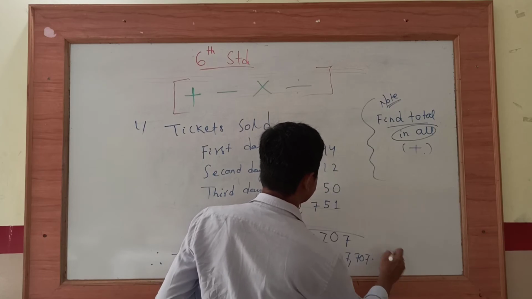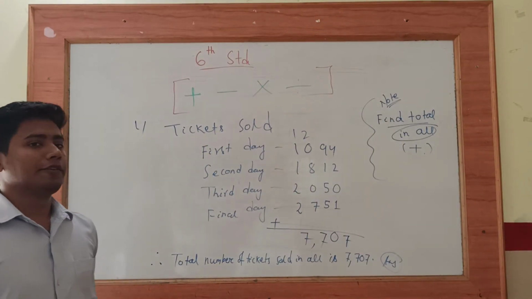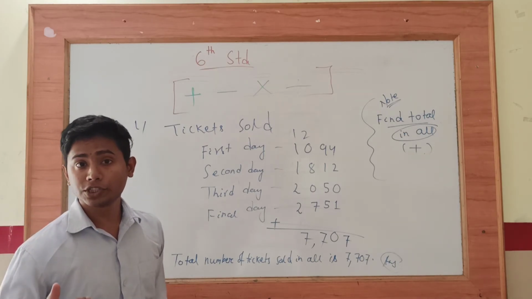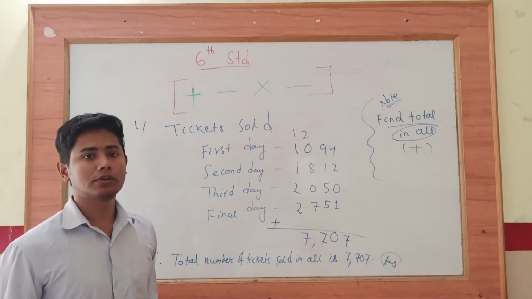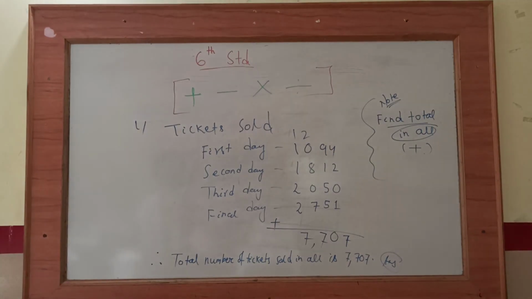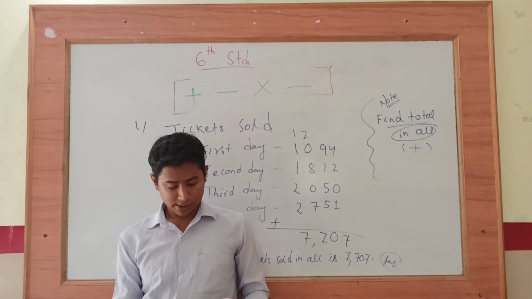That is the answer. All of you understood it? So when you are solving any question, the first thing is to read the question properly and understand it. Then go to the next step. So write it down, everyone. Now everyone has written it. Now move to the second question.